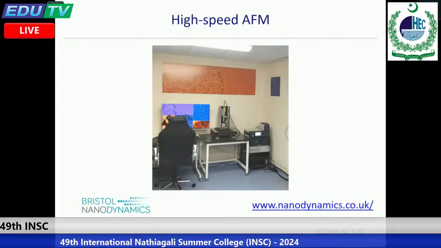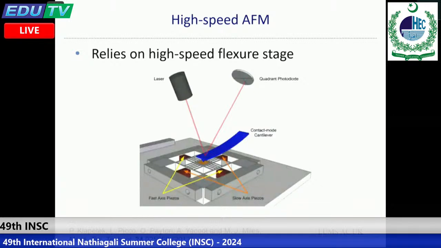And the reason I was able to do this in Bristol is that the instrument is actually a spin-out of the University of Bristol, a company called Bristol Nanodynamics. Now, what is neat about the instrument is not the standard AFM part, which is quite normal. It's a contact mode cantilever, detector, and laser, like in so many atomic force microscopes.